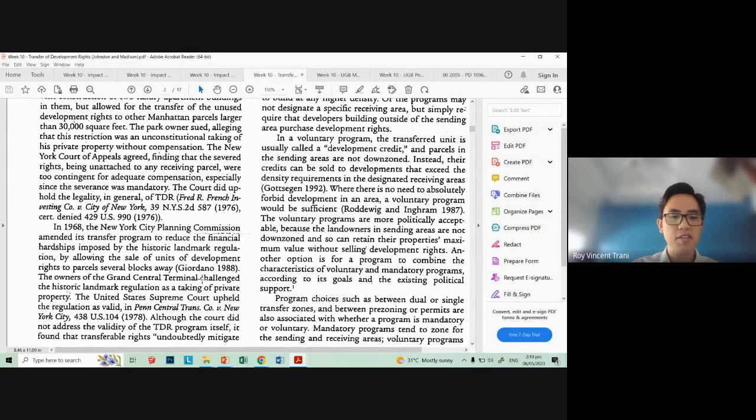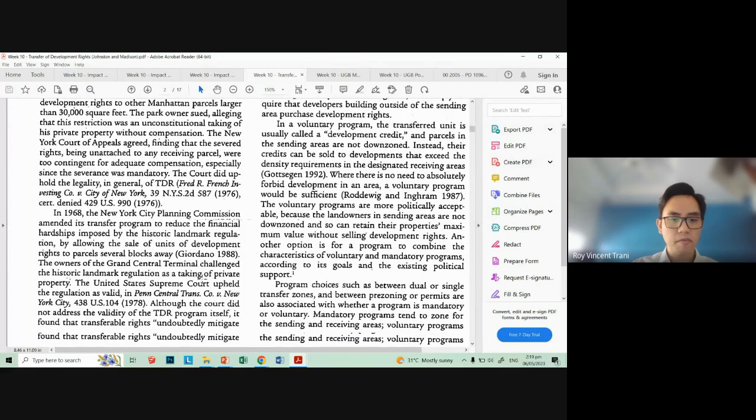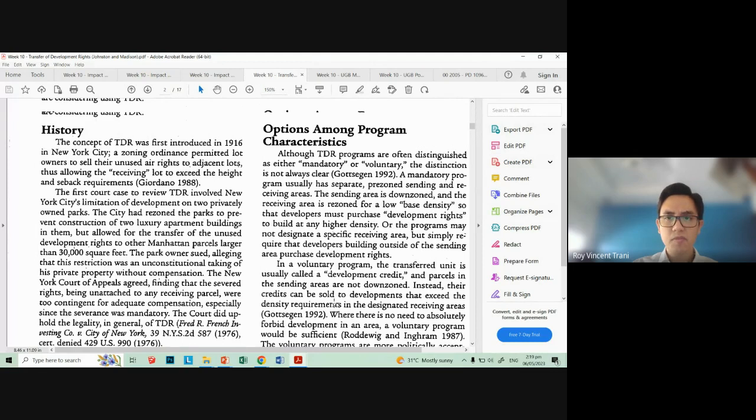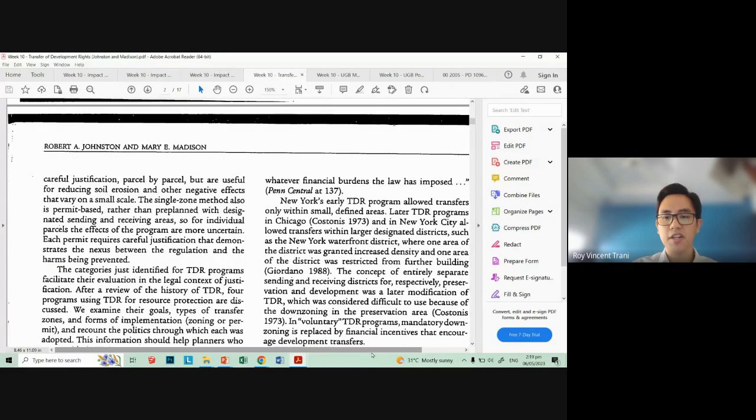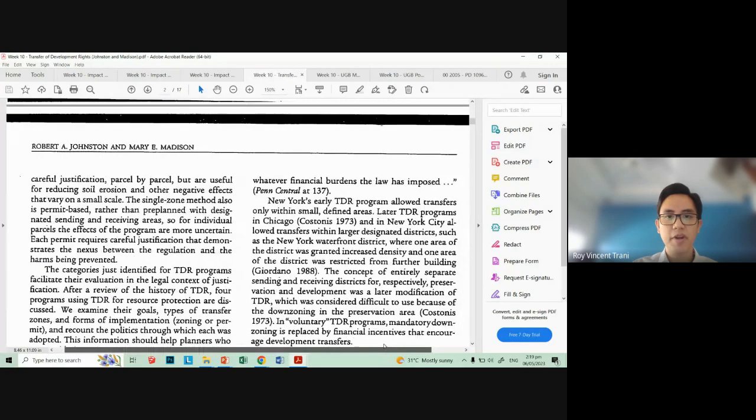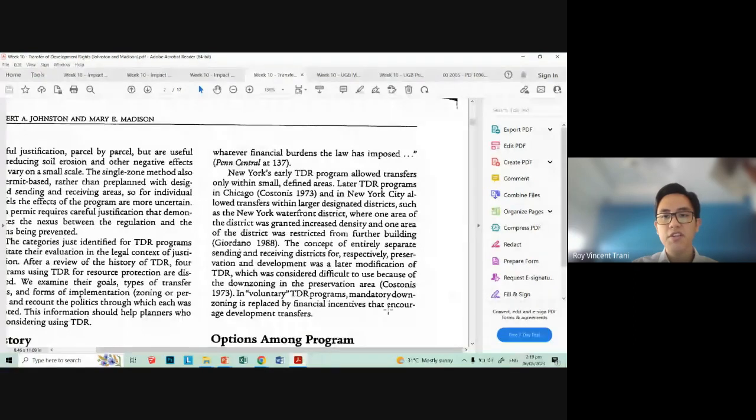The United States Court upheld the regulation as valid in the court case Penn Central Station Co. versus New York City. Although the court did not address the validity of the TDR program itself, it found that transferable rights undoubtedly mitigate whatever financial burdens the law has imposed. And then the last paragraph here: New York's early TDR program allowed transfers only within small defined areas.